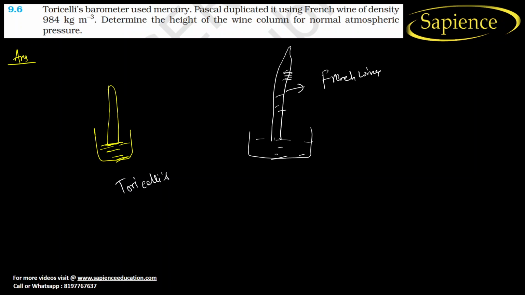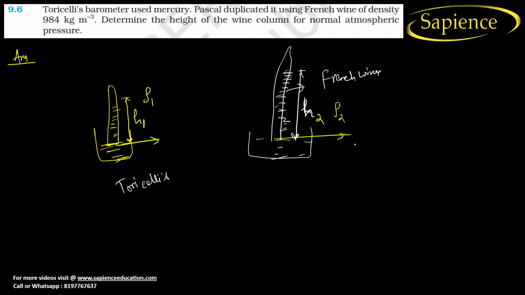If the level of the liquid here is at this height, let us consider this as h, and the level of liquid at this other one is also h. Here let us consider this is h1 and this is h2. The density of liquid 1 is rho1, and the density of liquid 2 is rho2. Now we need to understand how much pressure there is at this point.